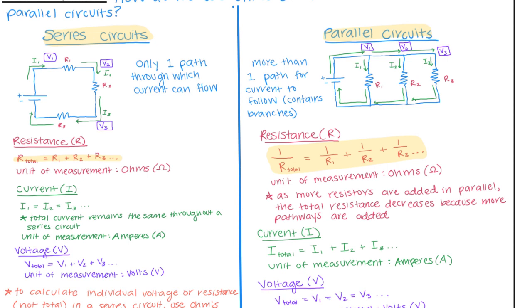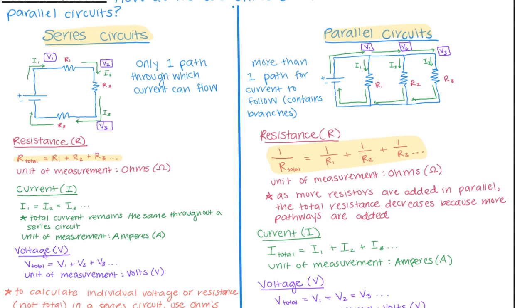So 1 over the total resistance of a parallel circuit is equal to 1 over the resistance of the first resistor plus 1 over the resistance of the second resistor plus 1 over the resistance of the third resistor. So it does create this new interesting equation here.